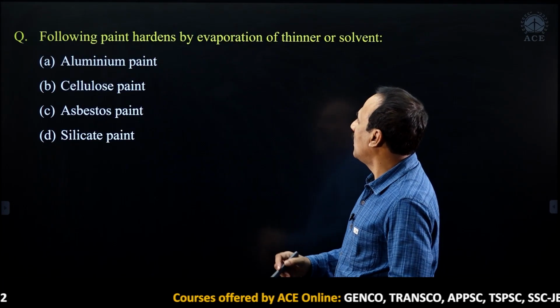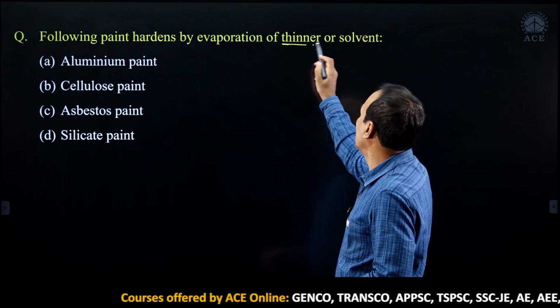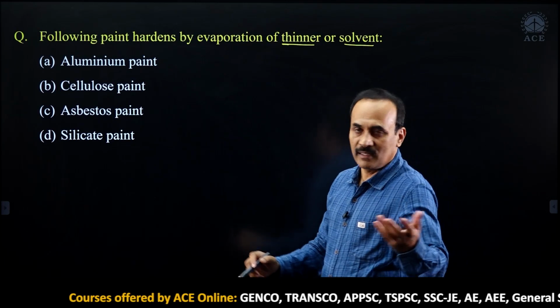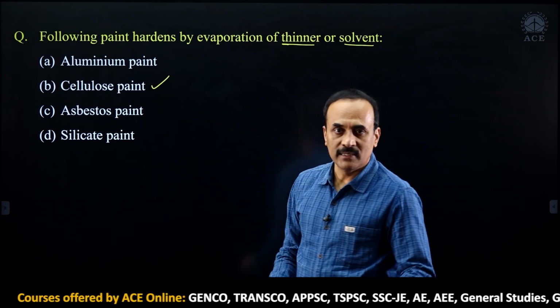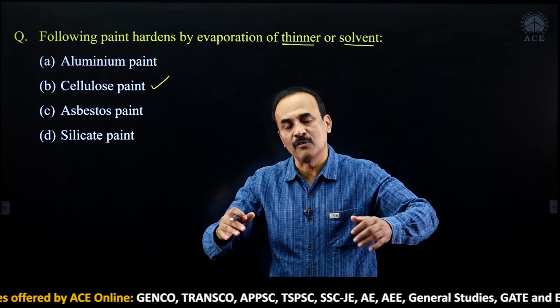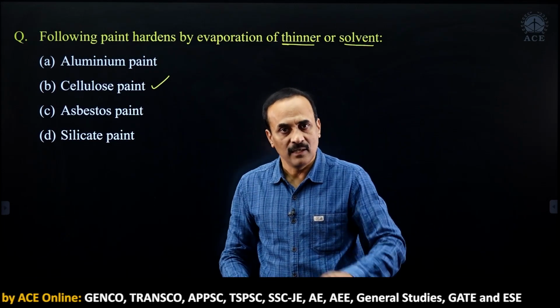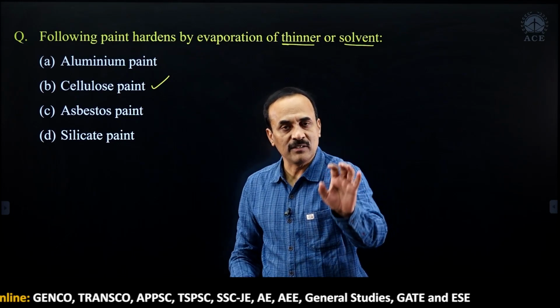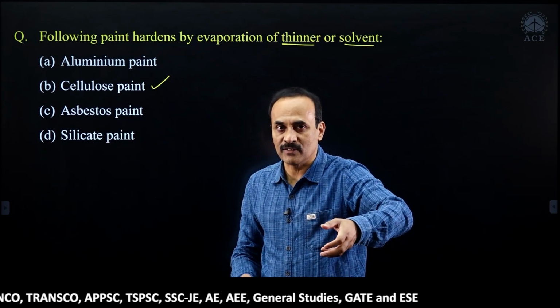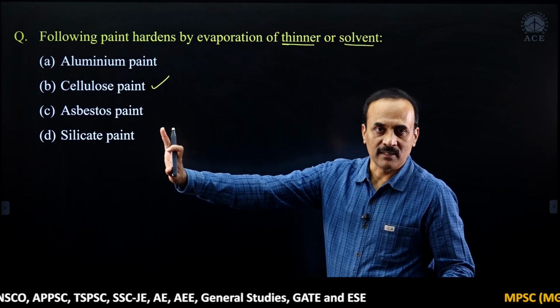The following paint hardens by evaporation of thinner or solvent: generally cellulose paint. In cellulose paint, the thinner or solvent dries up very quickly and you get a very soft, smooth and hard surface of the paint remaining on the surface.